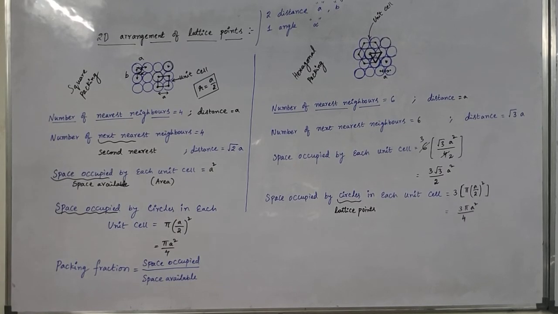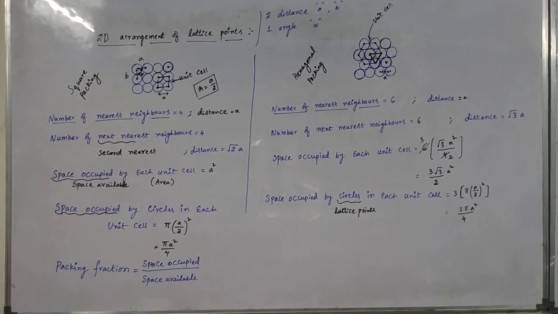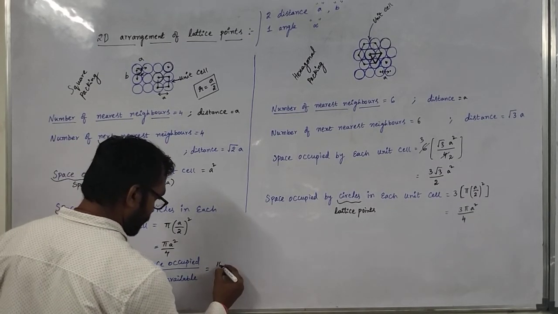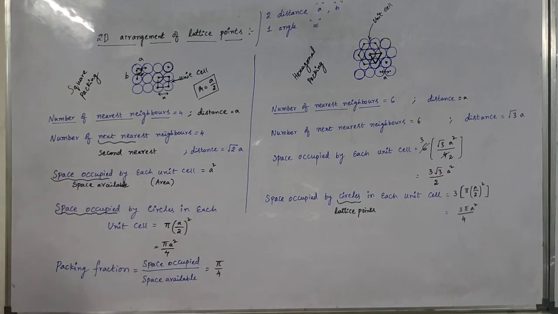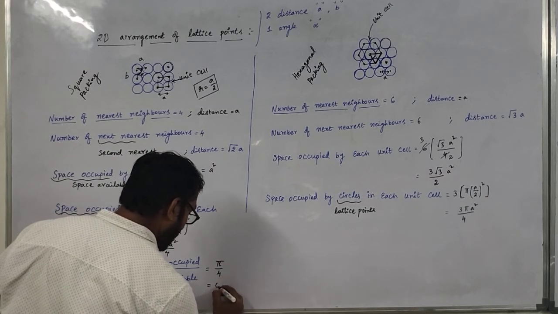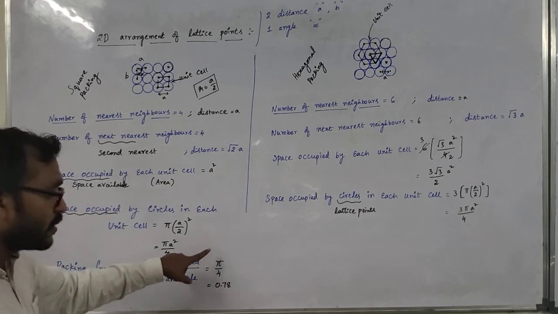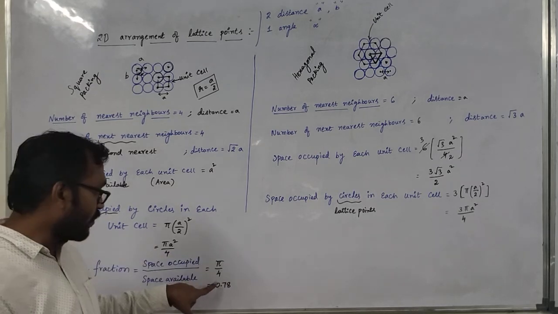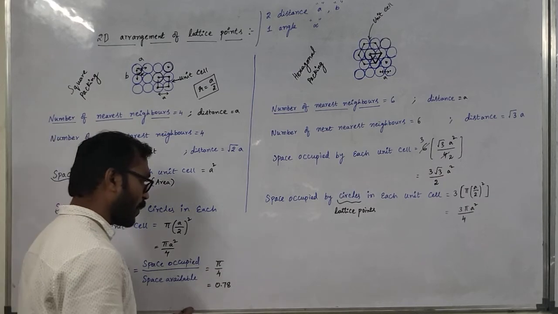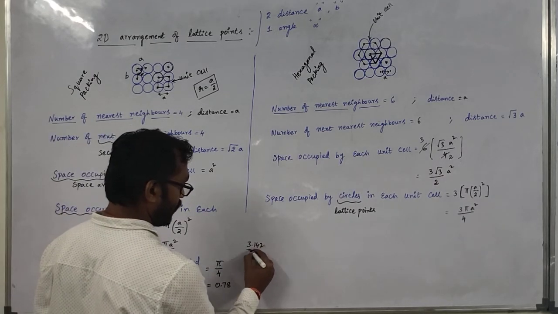Space available? A square. If I divide both, what is the value left? Pi by 4. So packing fraction is nothing but pi by 4. Pi is approximately 3.142, divided by 4.